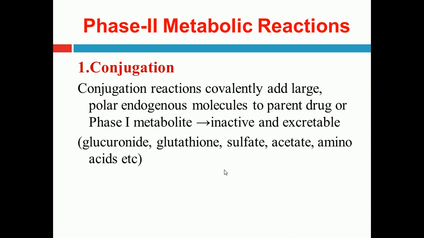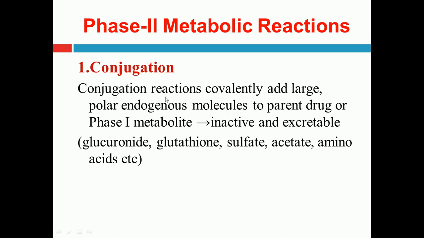Then we have phase 2 metabolic reactions. Phase 2 metabolic reactions occur once the drug is set up for further metabolism by phase 1 reactions. For example, conjugation reactions covalently add large polar endogenous molecules to the parent drug or phase 1 metabolite, making it inactive and excretable.